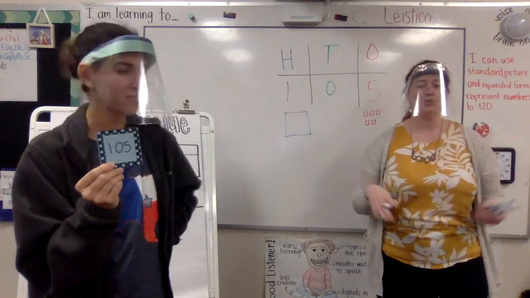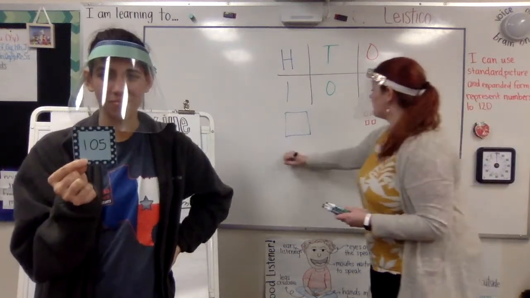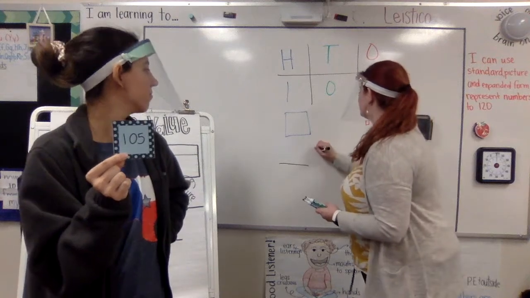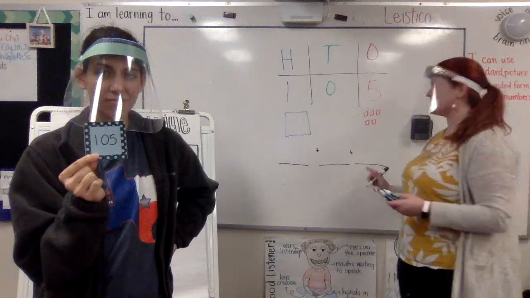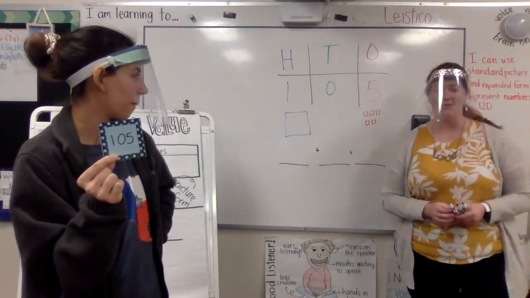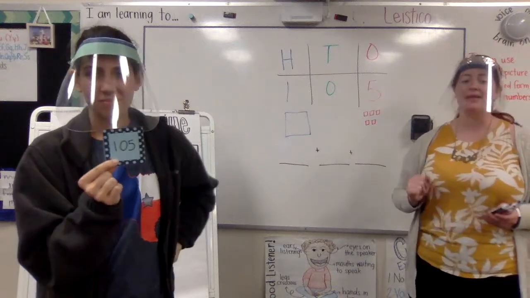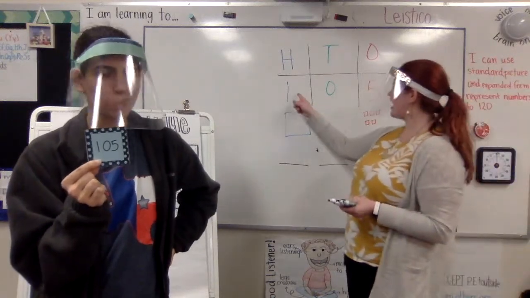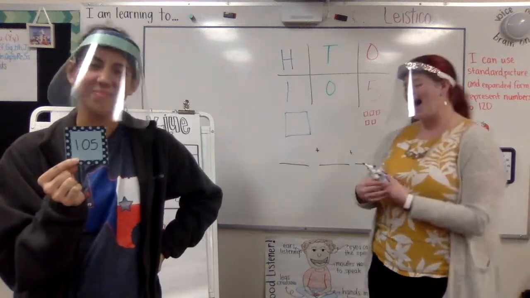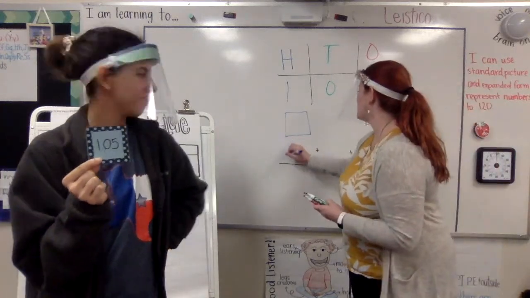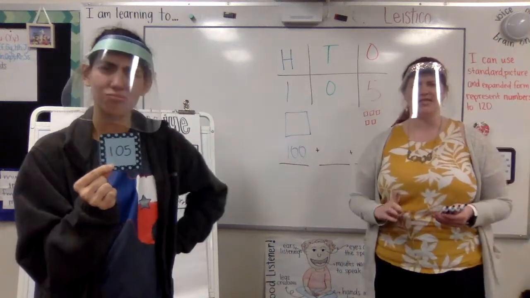Now, I need to write the expanded form of this number. So I need the value of my hundreds plus the value of my tens plus the value of my ones. It is a 3-digit number, so I'm going to have 3 places. Let me start with my hundreds. I have 100, and that's a value of 100. So I'm going to say 100 plus, I have 0 tens.